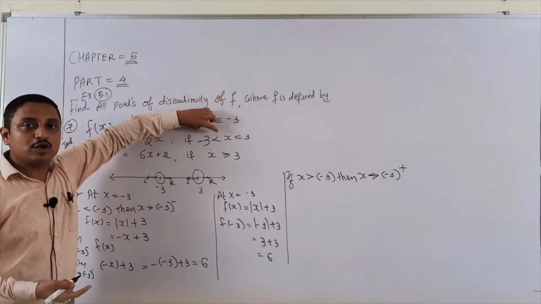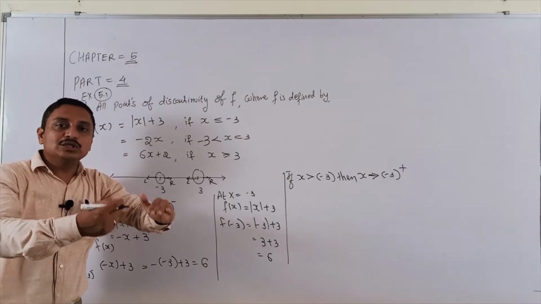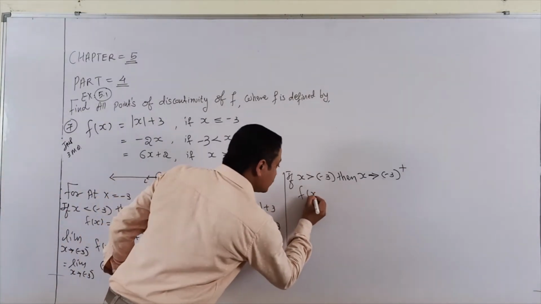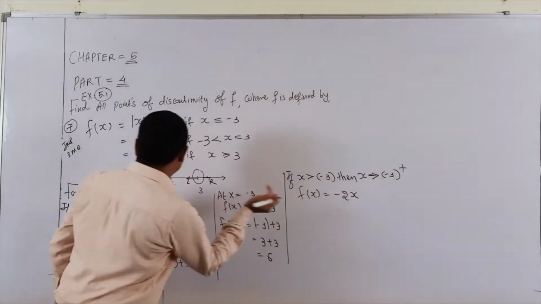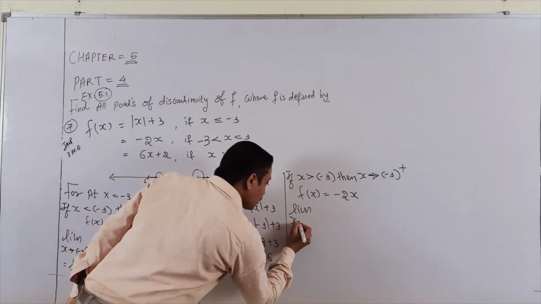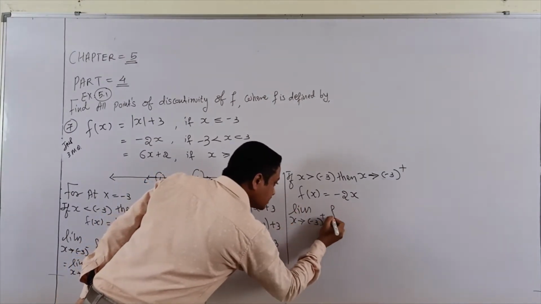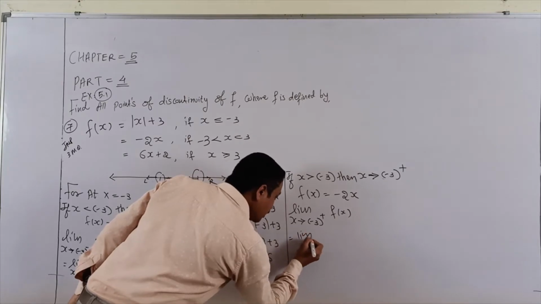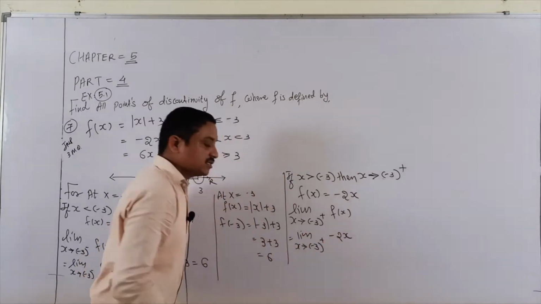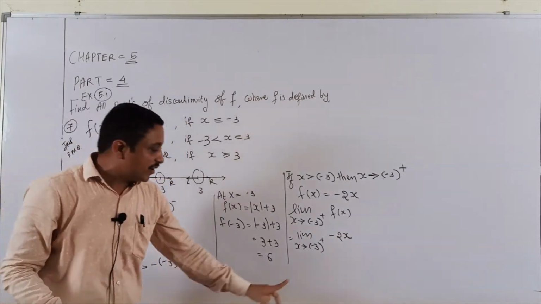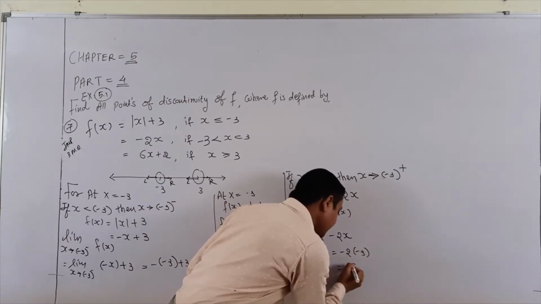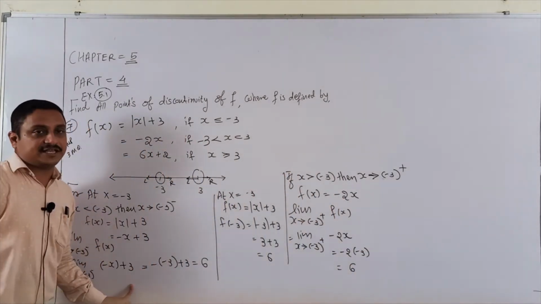Definitely this, because it indicates values more than -3. The function is minus 2x, and I apply this minus 2x in the limit. So limit x tends to -3 plus, put the value -3 in place of x. What do we get? The answer is 6.